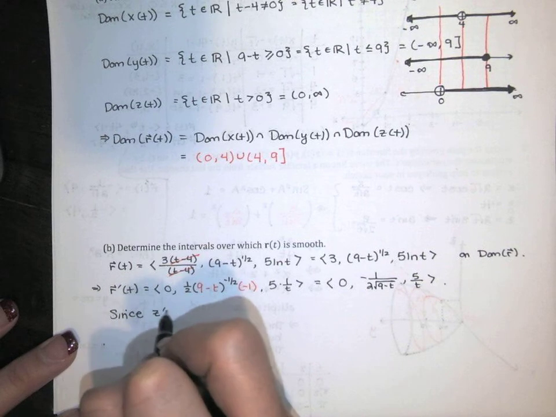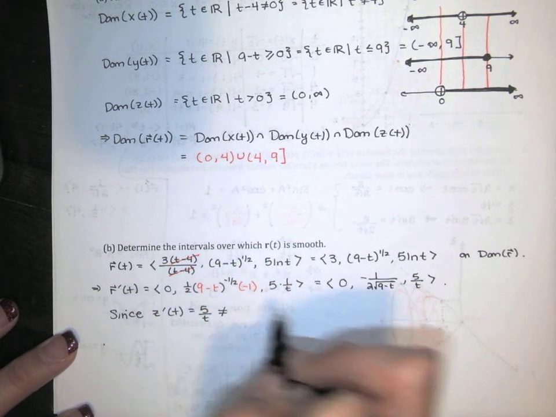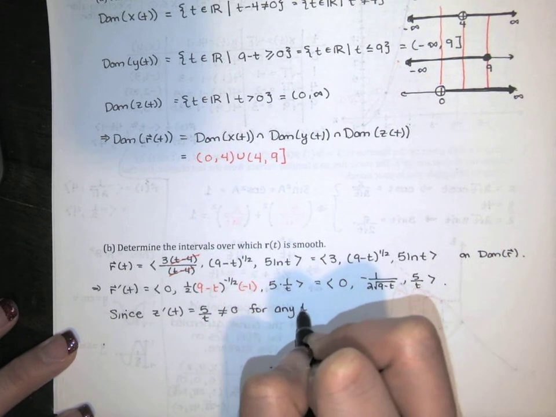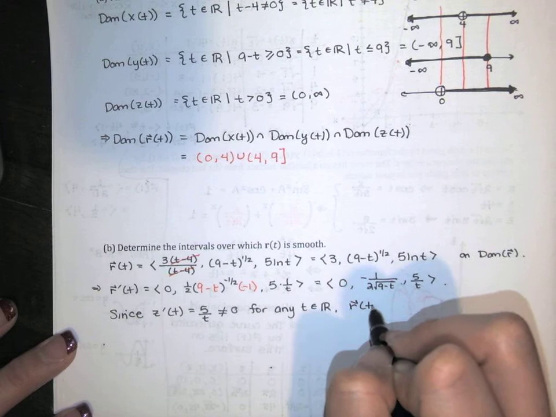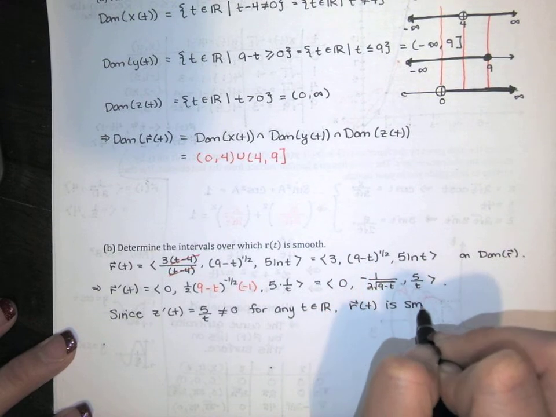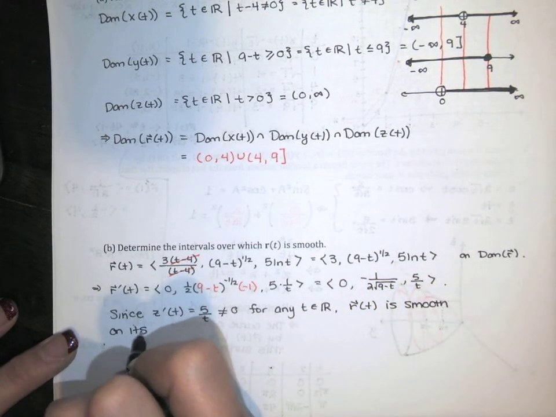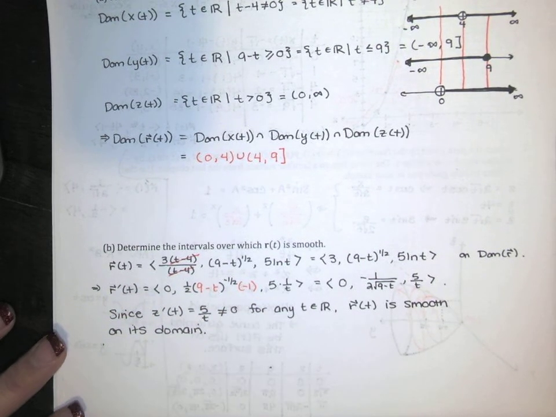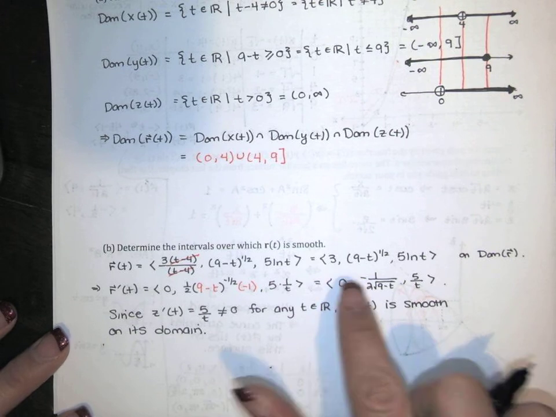Since z prime of t equals 5 over t, and that is not equal to 0 for any t in the reals, r of t is smooth on its domain, because I can't get this to be 0, 0, 0.